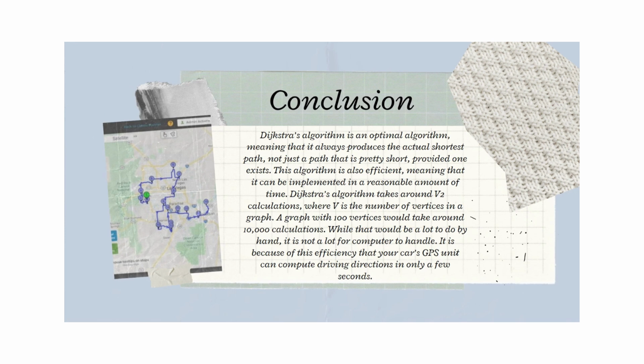Dijkstra's algorithm takes around V squared calculations, where V is the number of vertices in a graph. A graph with 100 vertices would take around 10,000 calculations. While that would be a lot to do by hand, it is not a lot for a computer to handle. It is because of this efficiency that your car's GPS unit can compute driving directions in only a few seconds.